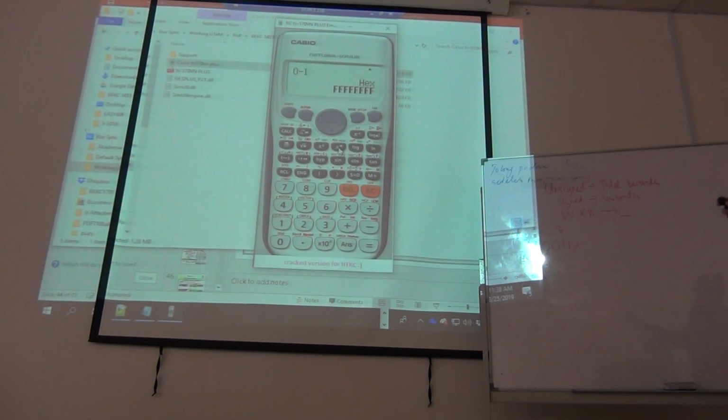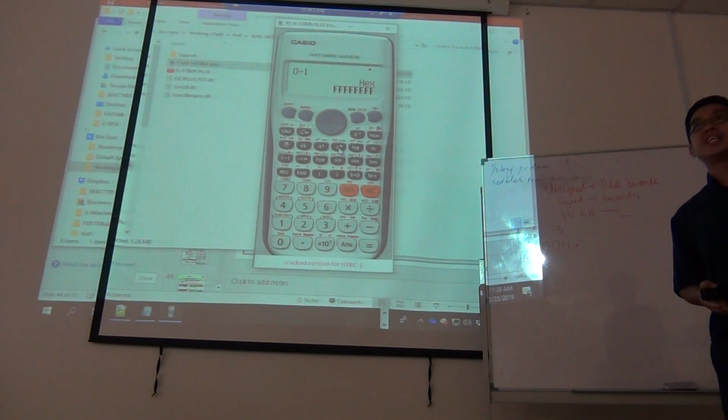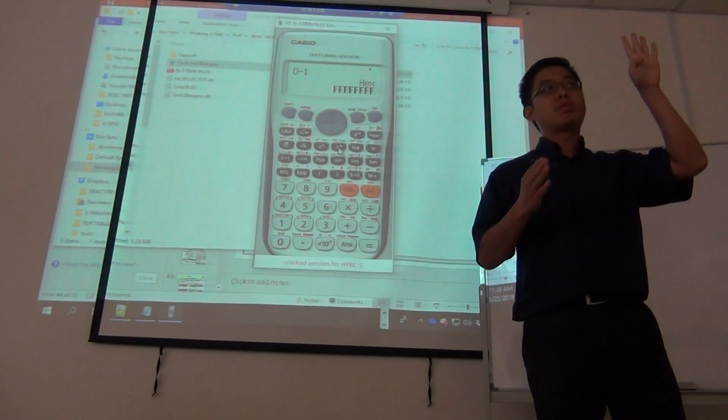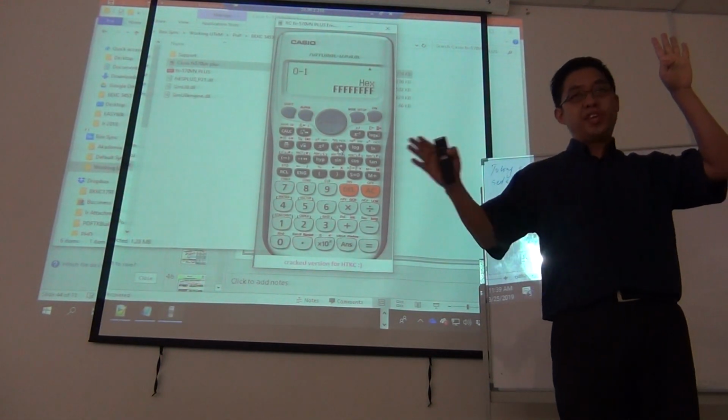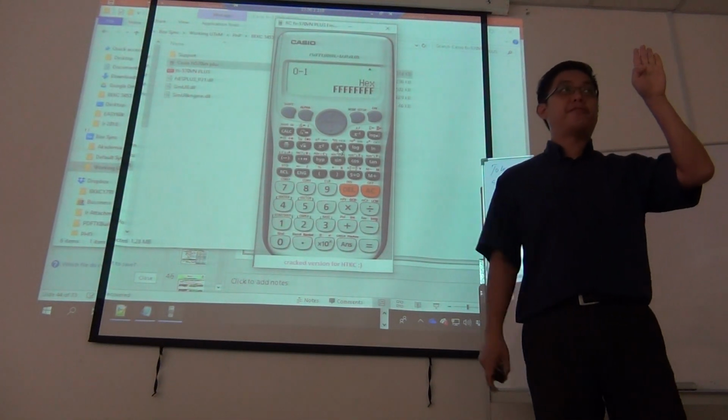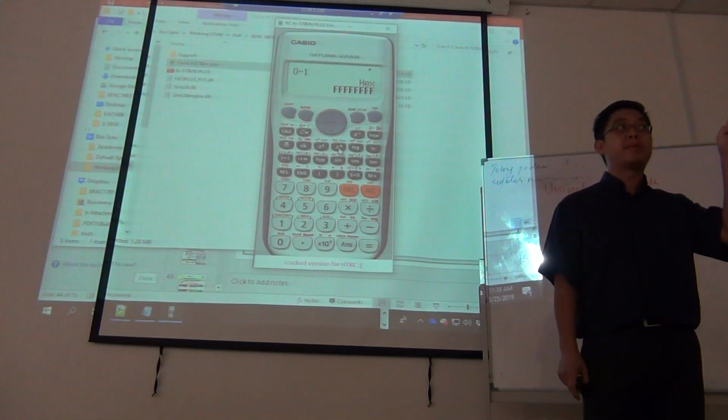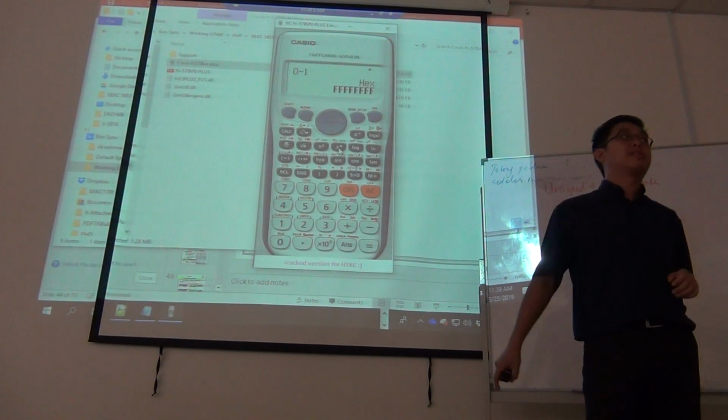If you convert back to decimal, it will tell you that it is a negative number, negative 1. You must use 8 digits to represent a negative number, and the most significant digits will be all F.